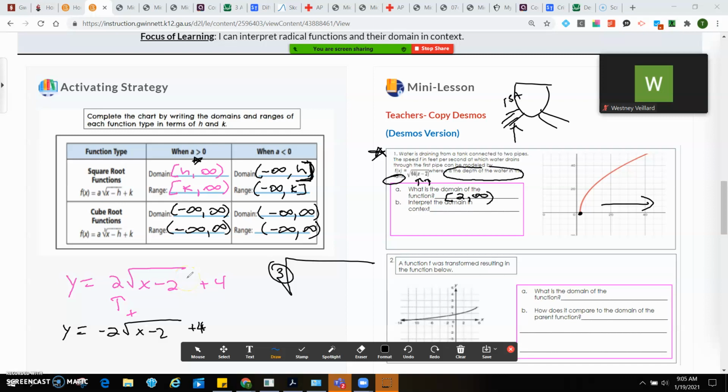Now it does say interpret the domain in context. So remember, domain is our x values, and our x value, as it says up here, is the depth of water in the tank.